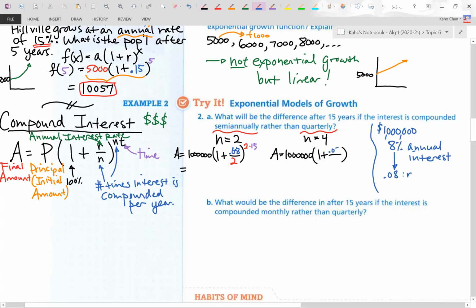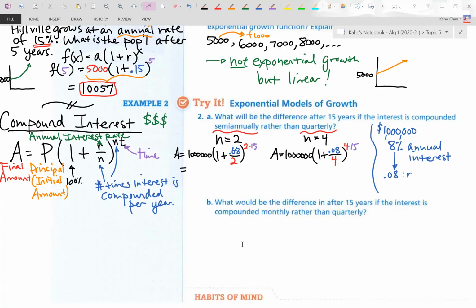Same percentage rate, 8%, but this time we're dividing by 4. We're calculating 4 times a year. Do you get a lot more? I don't know. What's your thought on that?